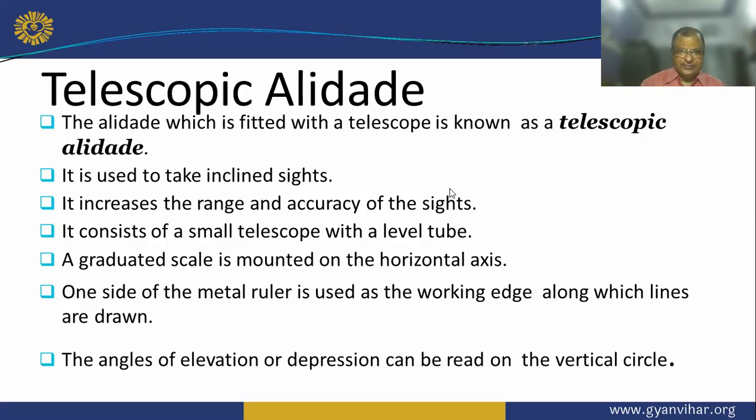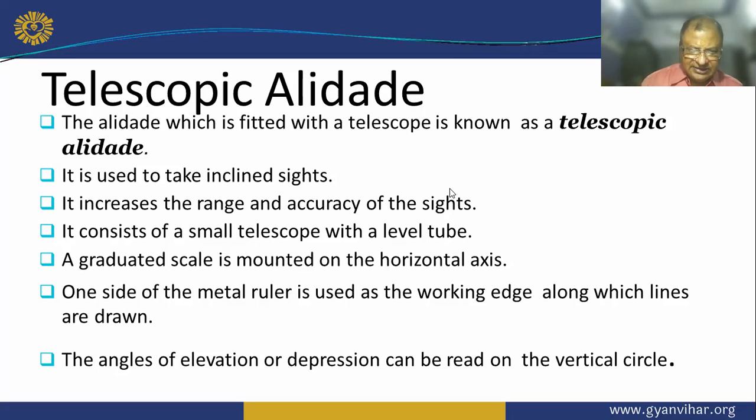Now, telescopic alidade. The alidade which is fitted with a telescope is known as a telescopic alidade and it is used to take inclined sights. It increases the range and accuracy of the sight. It consists of a telescope with a level tube, and a graduated scale is mounted on the horizontal axis.